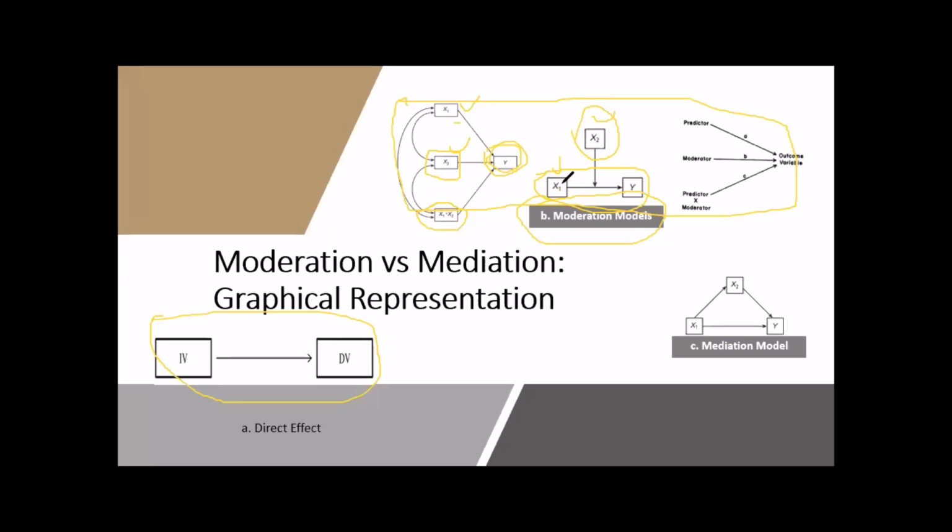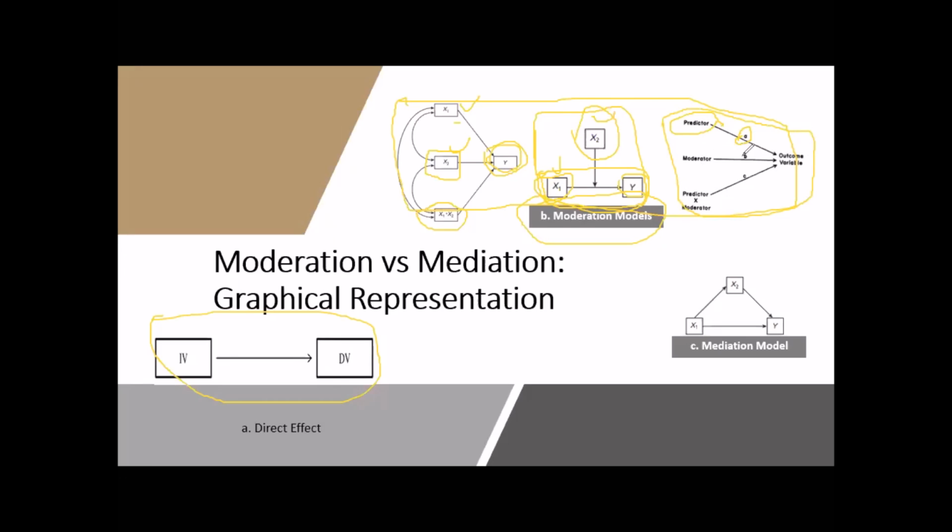x1 is the predictor. The relationship between the predictor and the outcome variable, in the example of x1 and x2, where x1 is the predictor and y is the outcome variable, is represented by a path called path A. This specific third model represents the path diagram of moderation analysis.